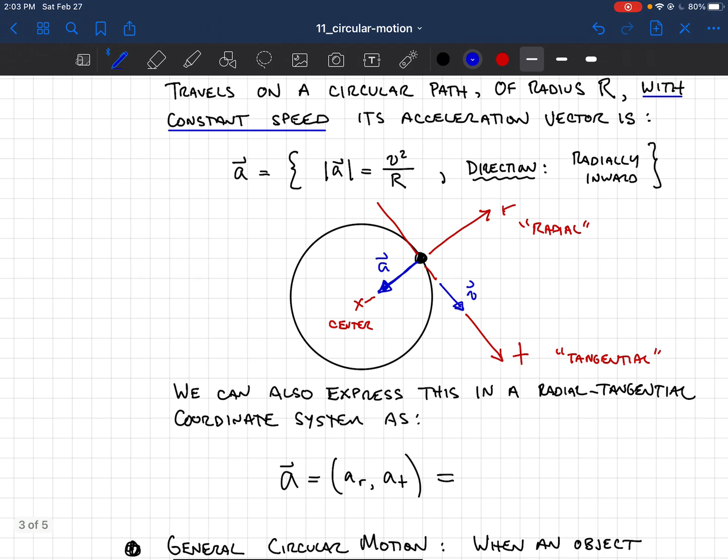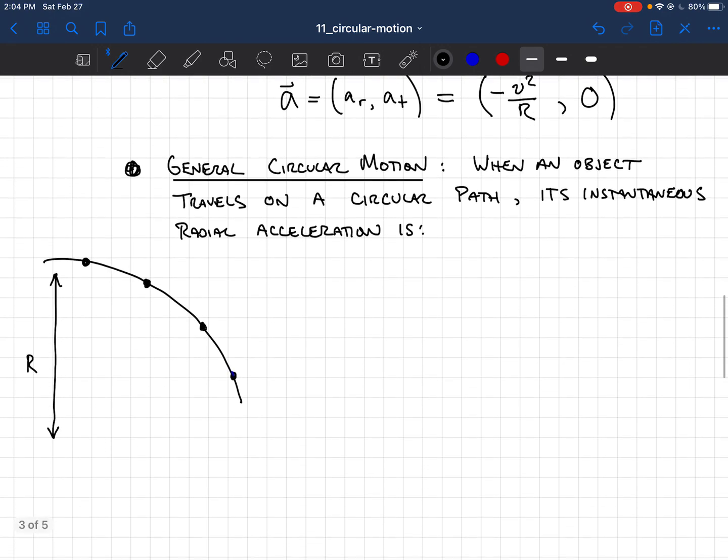So a vector is going to be equal to ar comma at, where ar is going to be a negative number equal to minus v squared over capital R, the radius, and at doesn't point in the t direction at all, so it's 0. So this is for uniform circular motion. The acceleration vector points directly inward, which we now call the negative radial direction, and it does not point forward or backwards, which we could call the tangential direction. So that's uniform circular motion.